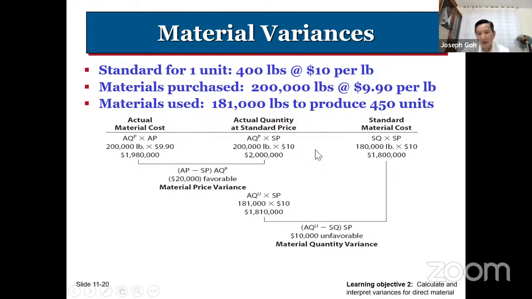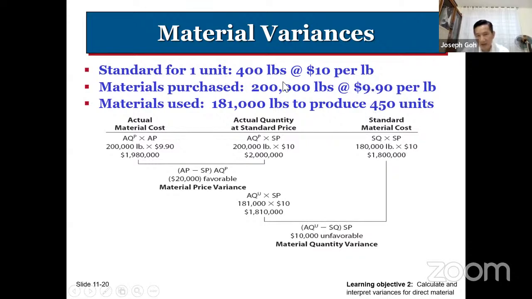What is the standard quantity allowed? How do we get this 180,000? The standard quantity is the quantity produced at the standard kg or pounds per unit. So you produce 450 units, and for 1 unit you need 400 pounds.